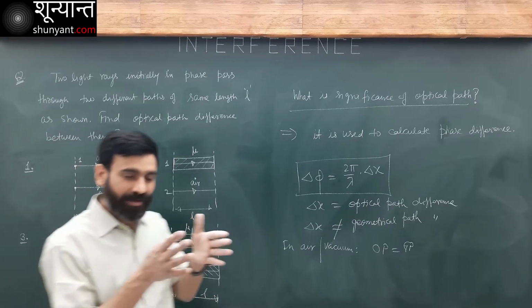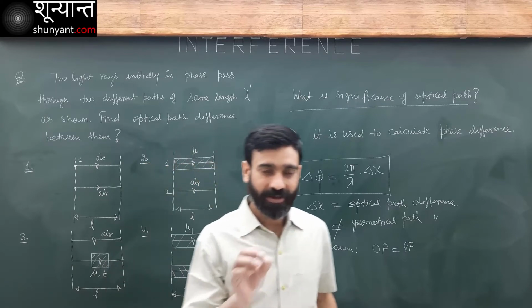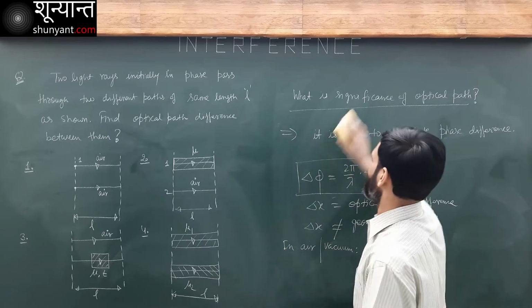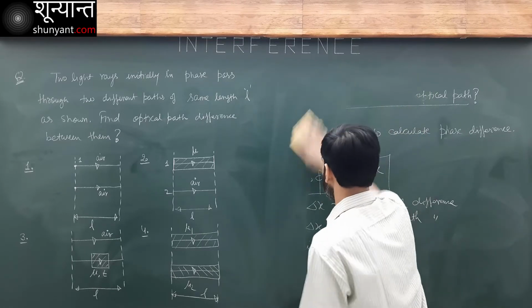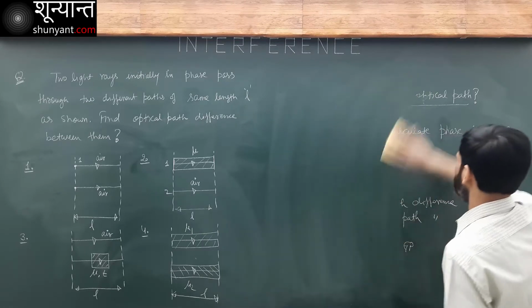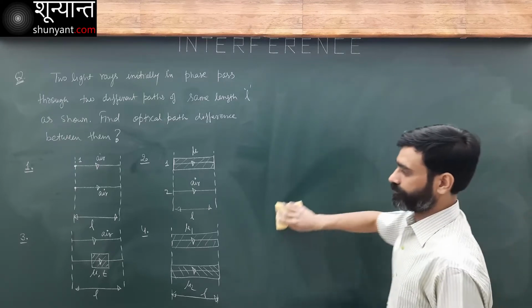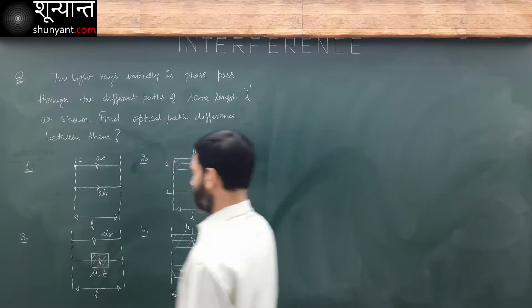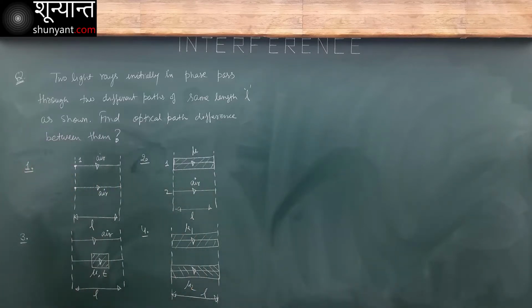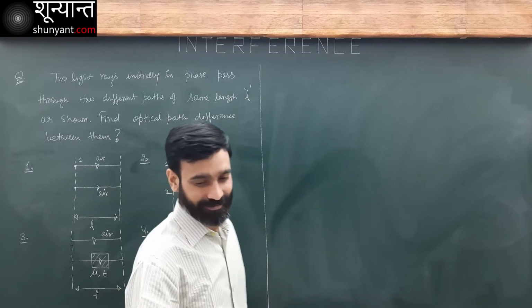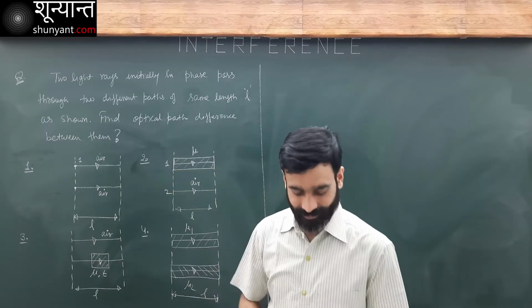The geometrical length is the same, but the optical path will be different. We have to find the difference between their optical paths. What do you think? Can you answer it? And then we will do one more problem.